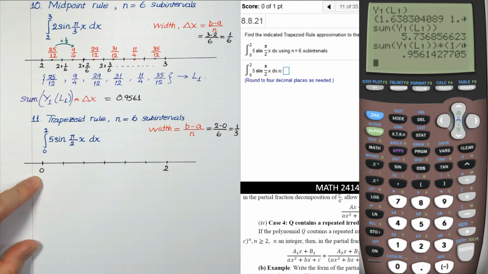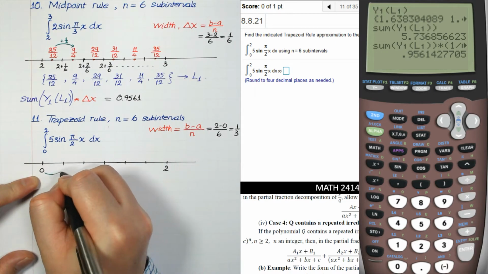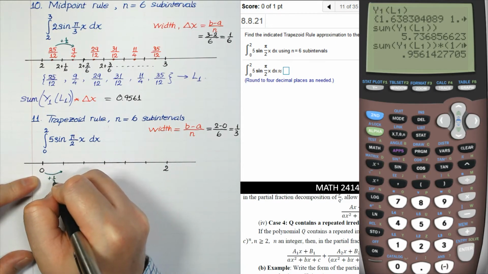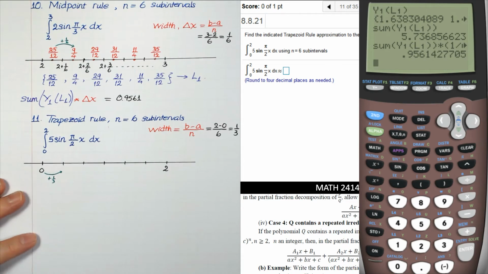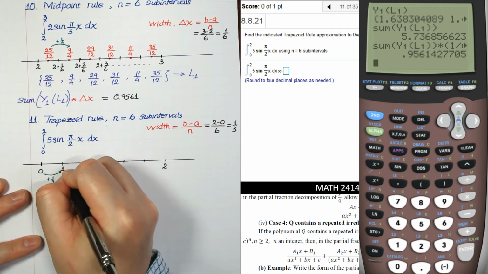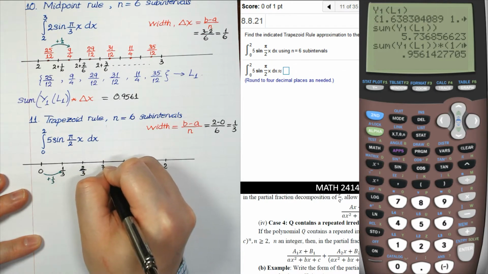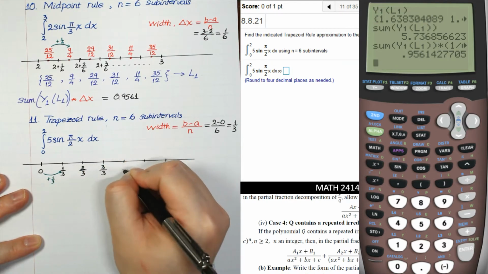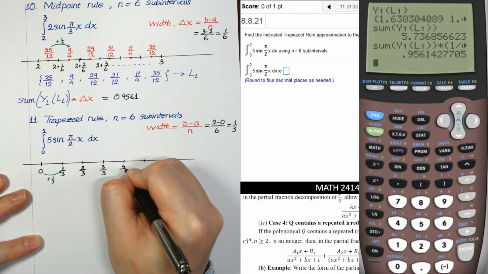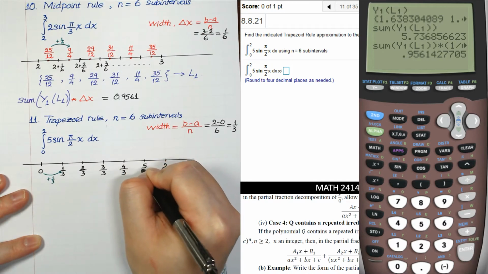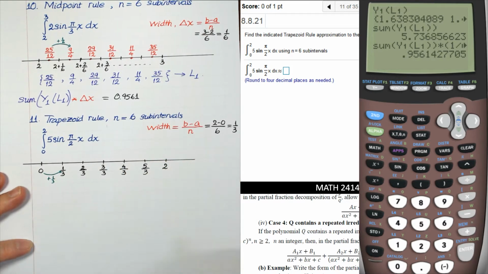So we just take 0 plus 1/3. This is easy. 1/3, 2/3, 3/3, this is 1 by the way, 4/3, and 5/3 and 6/3, which is 2.